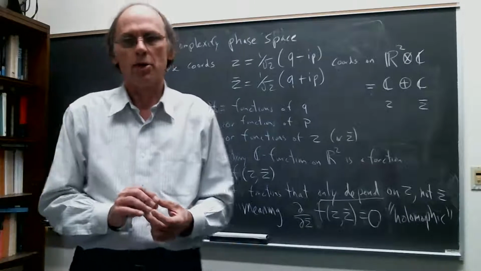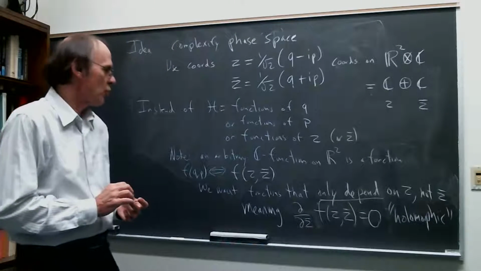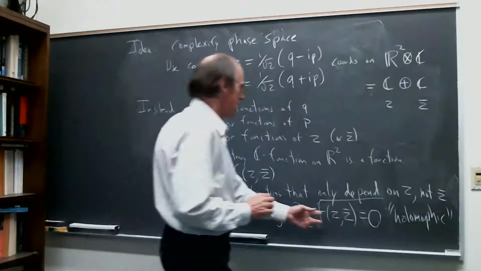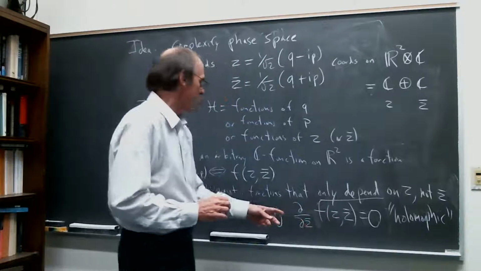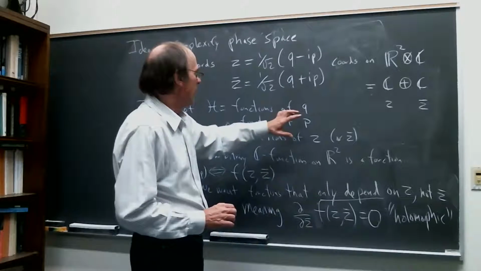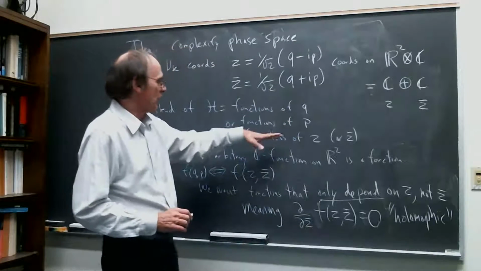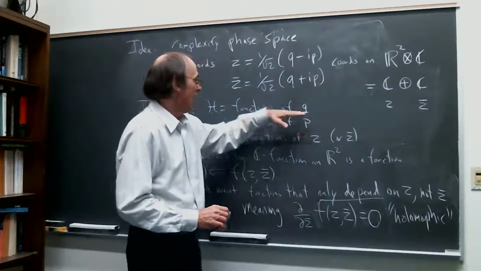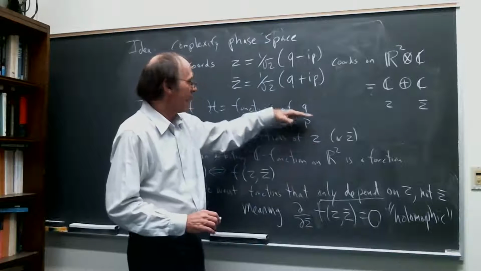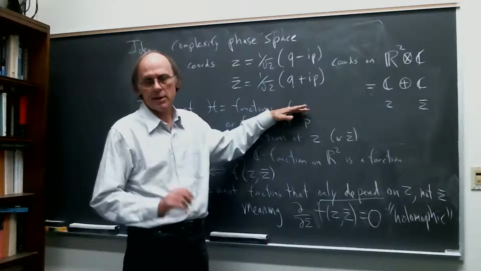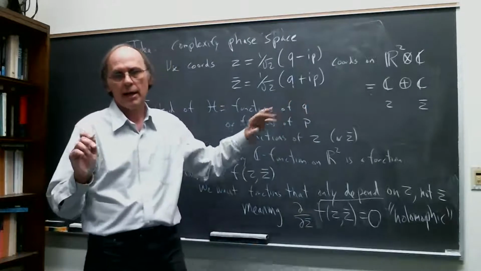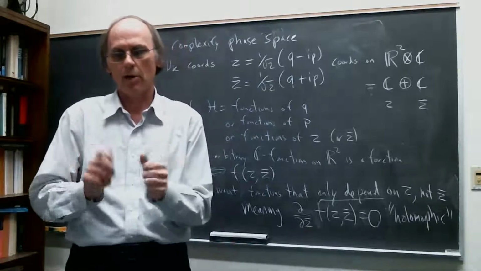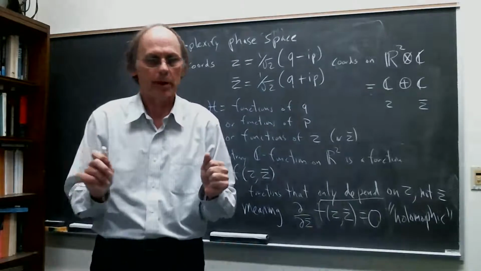No, you can't. The interesting thing is the very interesting relationship between these holomorphic functions, between functions of Z and functions of Q, and it's called the Bargmann transform. I may get to it at the end of today, or I might talk about it next time. But you can't.